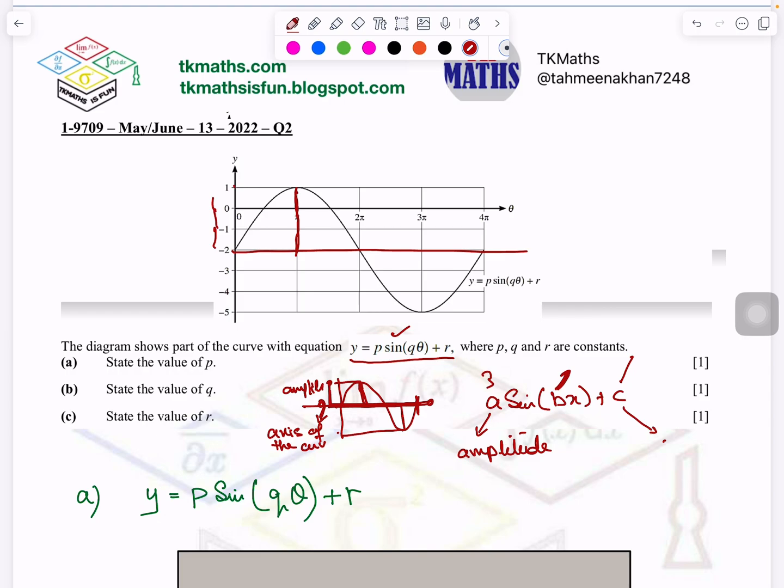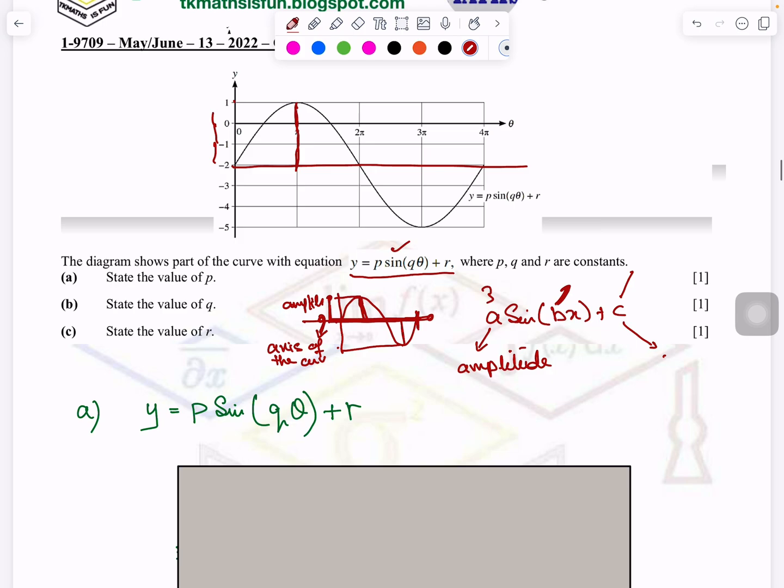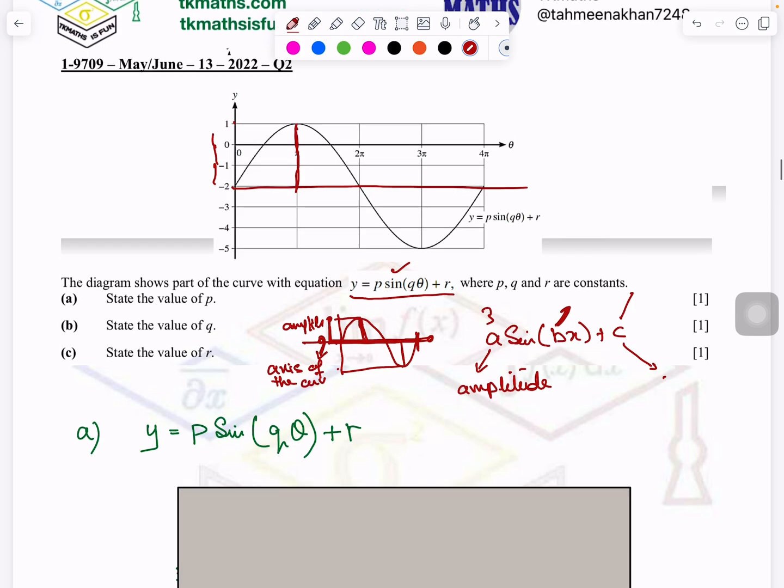What about b? How will you calculate b? I will show you everything written neatly underneath, but first of all I'm explaining it to you. We know that the cycle period of sine is 360. So if I divide 360 by the number given here, I get one complete cycle. Right now, the one complete cycle is from here till here, and this is 4 pi.